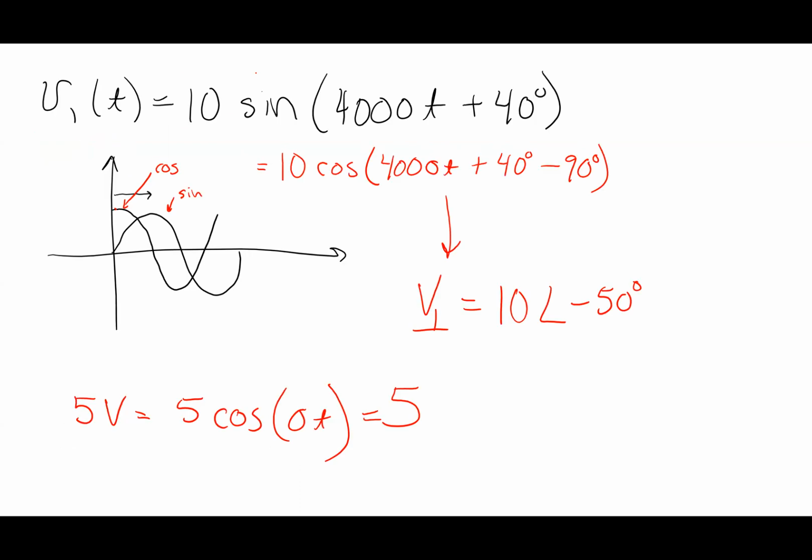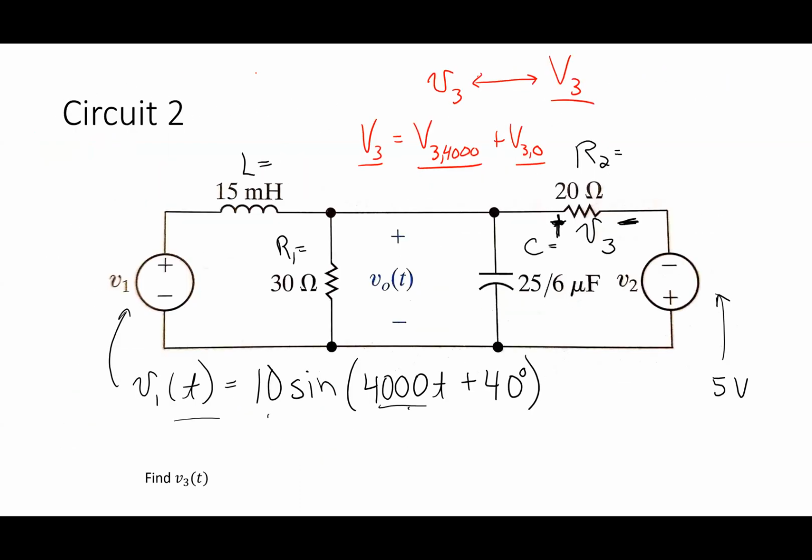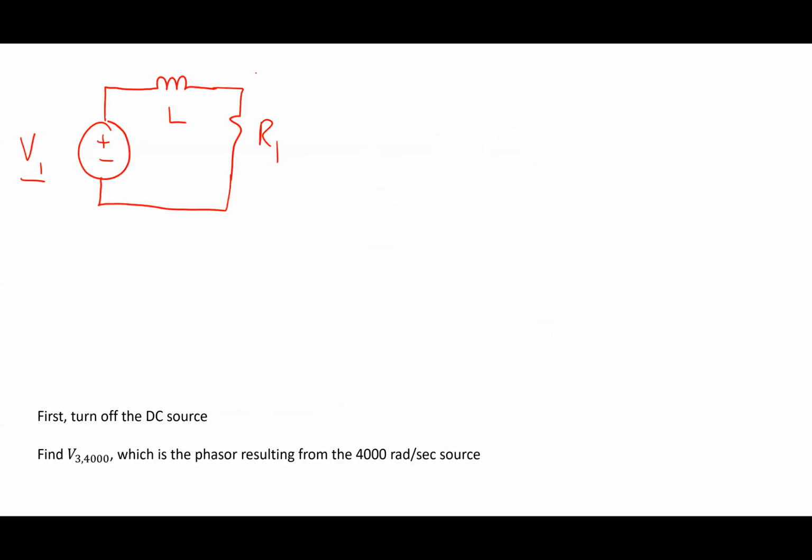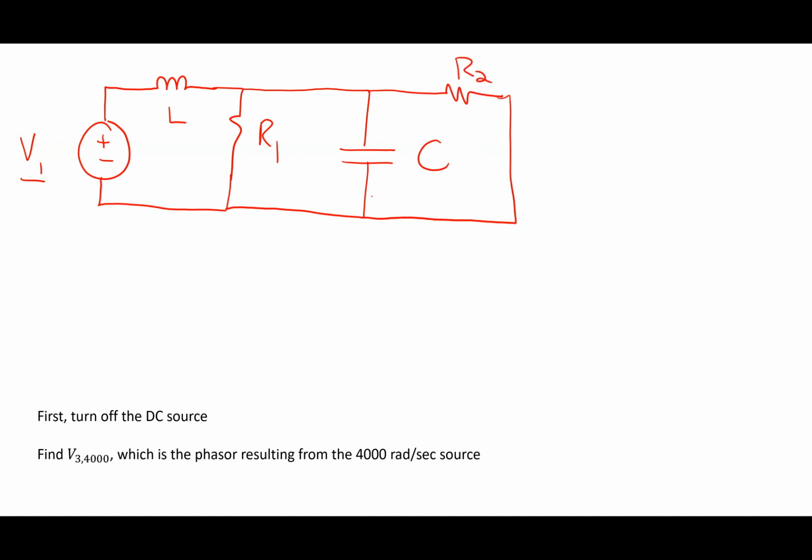And then there's the capacitor C, and then R2 is right here. And we turn the voltage source off. So that's our circuit. Now, I am looking for the voltage here, which I'll call V3 4000.